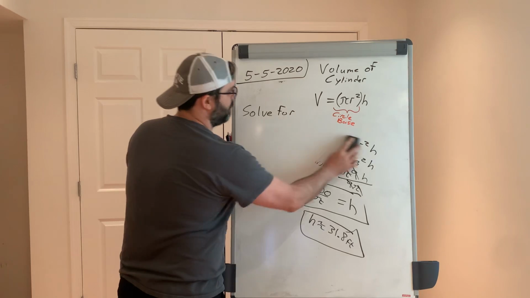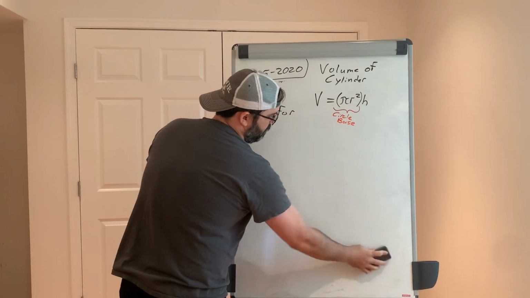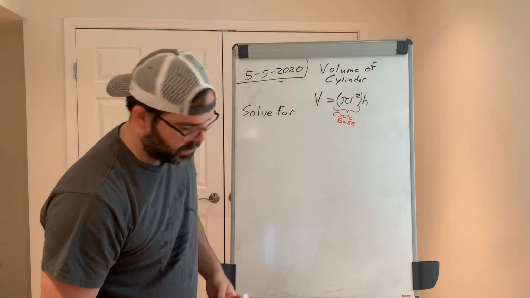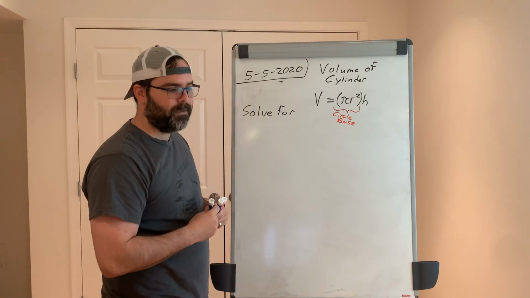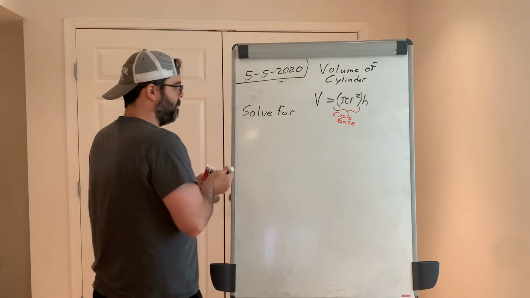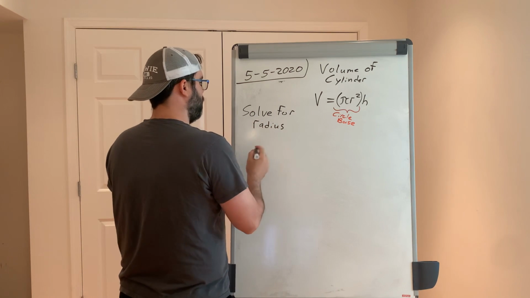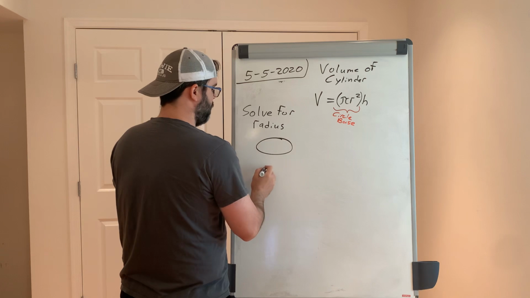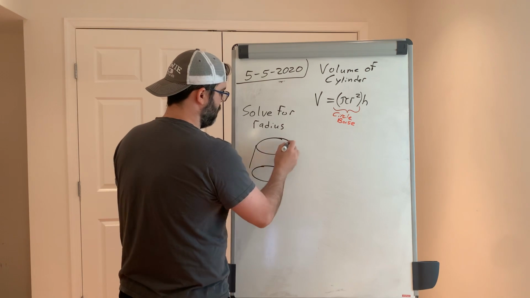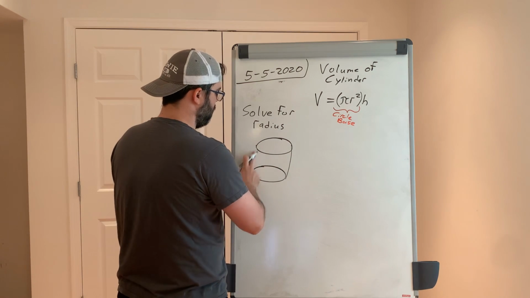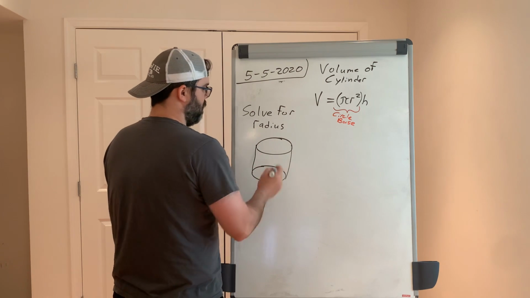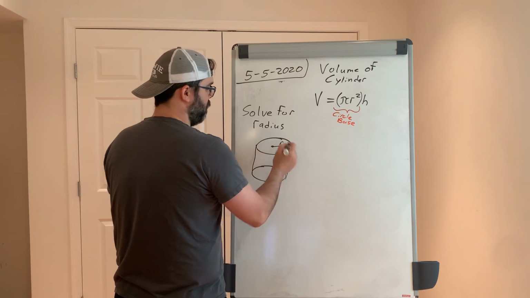So now let's solve for the radius. Now this one's going to be a little different. Same formula, but a little bit different process, okay? So here's our sphere. Here's my radius. I don't know what that is.